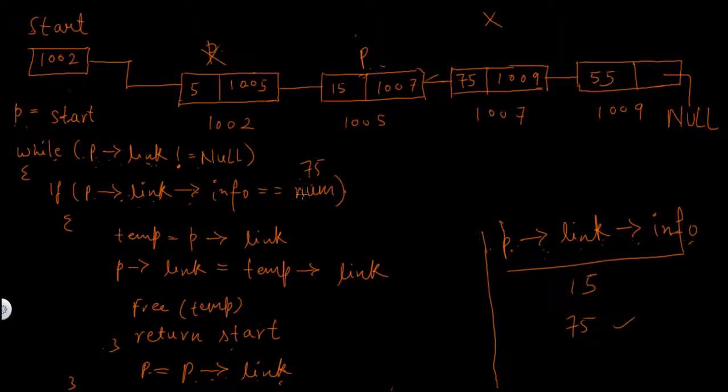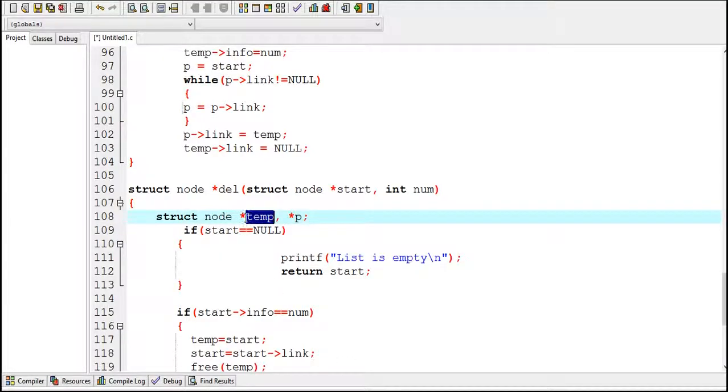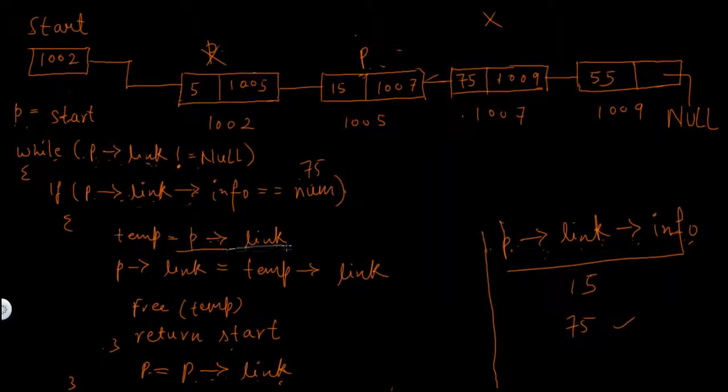With the help of this if statement, one, I am able to search the node to be deleted, and second, I am able to stop just before the node which is to be deleted. So all this code will get executed. Now the first thing you should do while deleting any node is assign temp the address of the node which will get deleted.